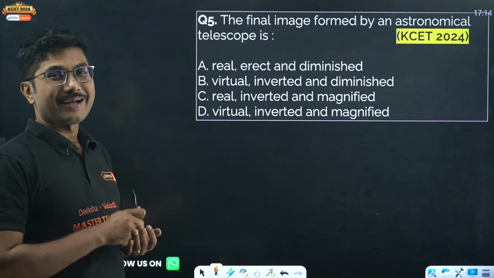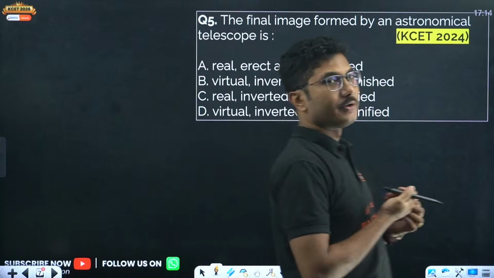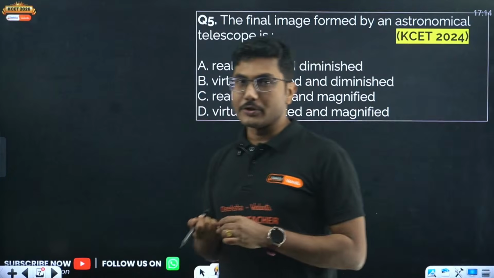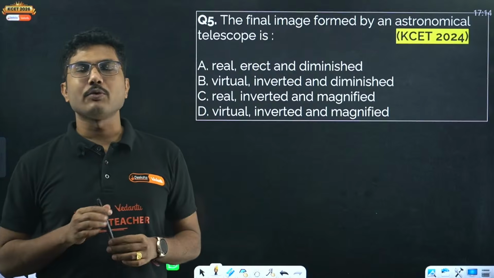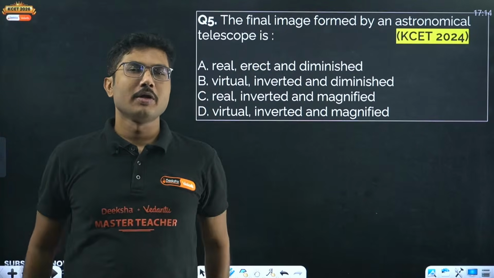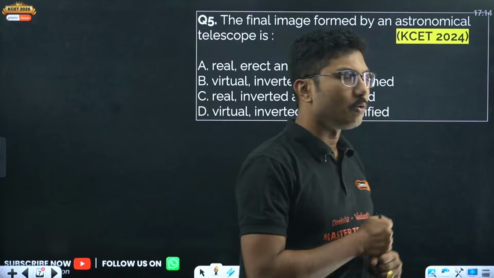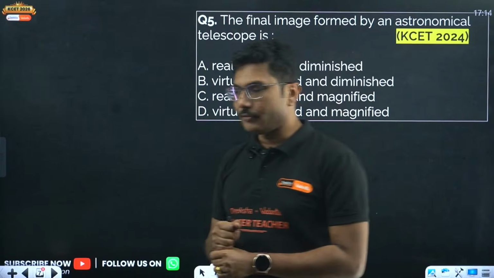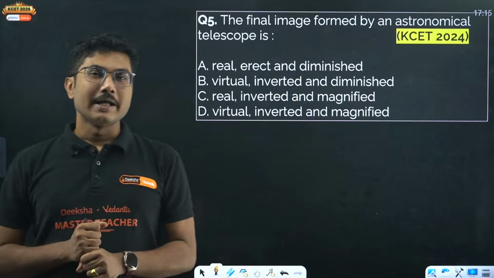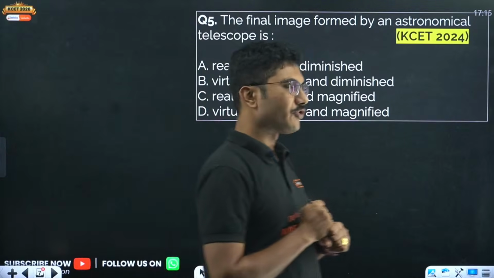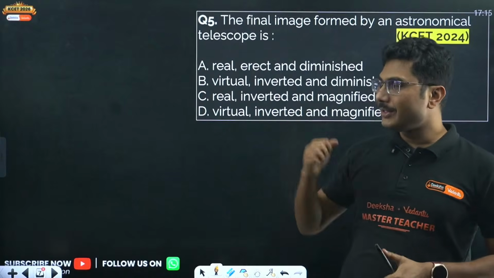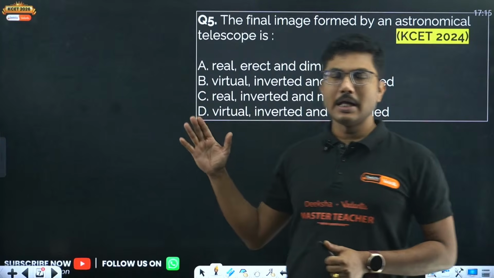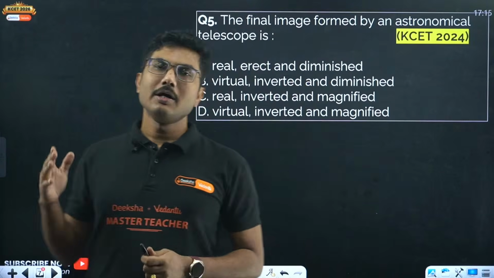So remember that the final image formed will be virtual. Whenever you are using your eye to observe something through a telescope or some device, if you are not using a screen, the final image has to be virtual. If you are using a screen to observe something, then the final image is a real image.